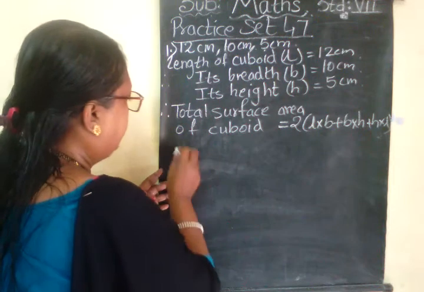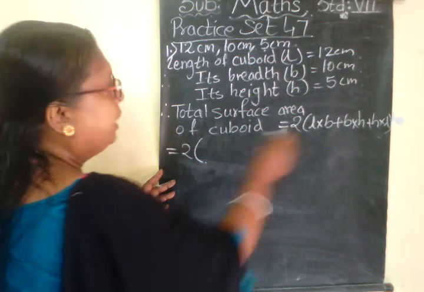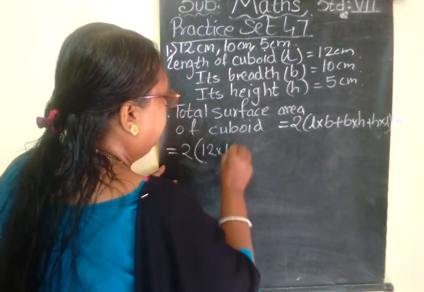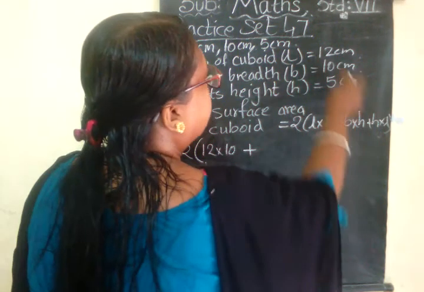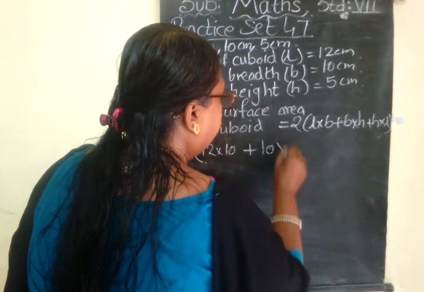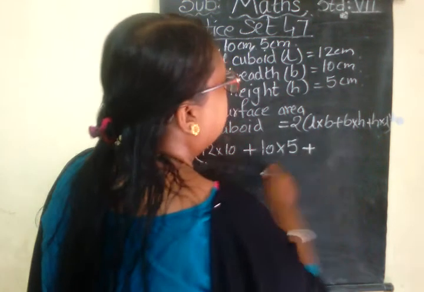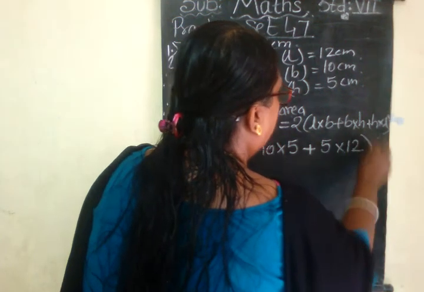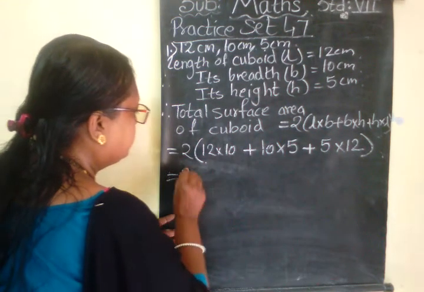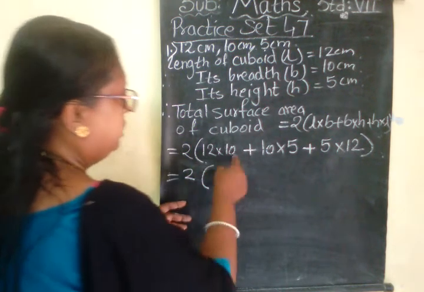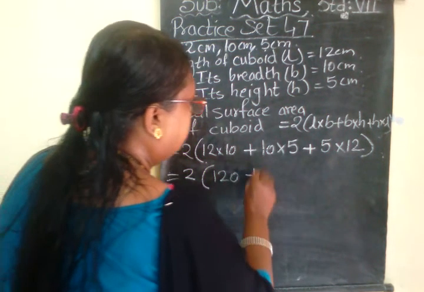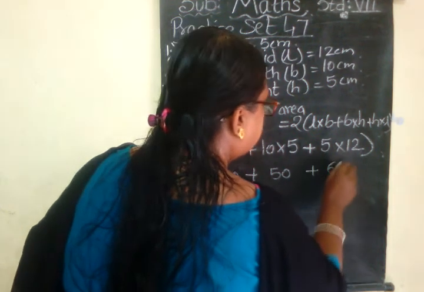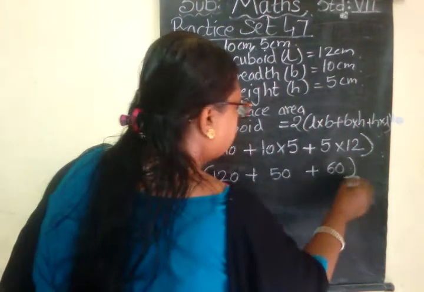Now since it is a bigger one, I will write from here. Twice L into B. L is 12, B is 10. So that is 12 multiplied by 10 plus B into H, 10 multiplied by 5, plus H into L, 5 multiplied by 12. This gives me 2 bracket, 120 plus 50 plus 60, bracket close.